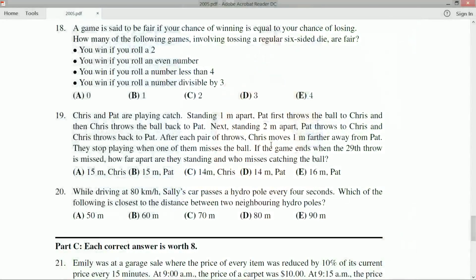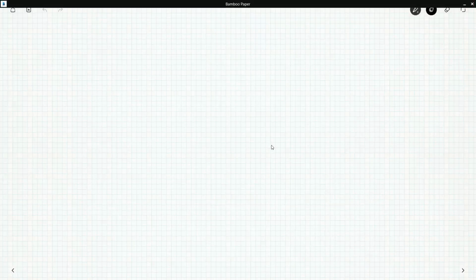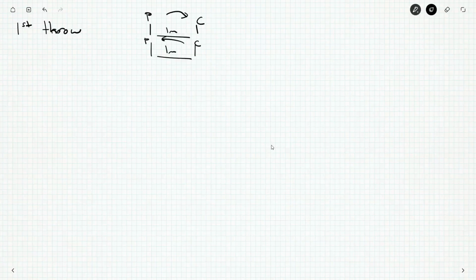First throw, they're 1 meter apart, and it goes Pat over to Chris. Then for our second throw, they're still 1 meter apart, and it goes Chris back to Pat.